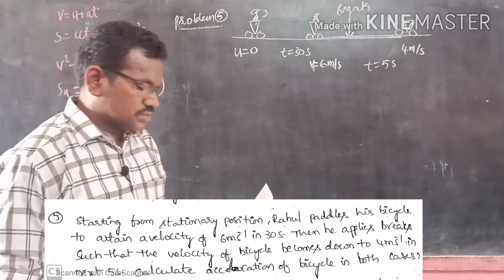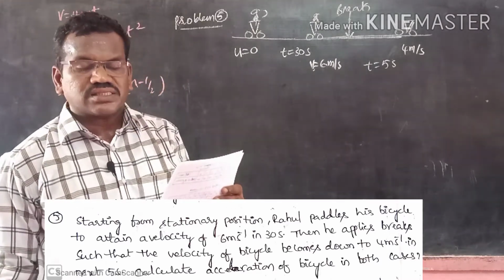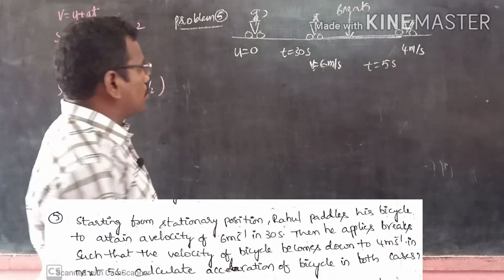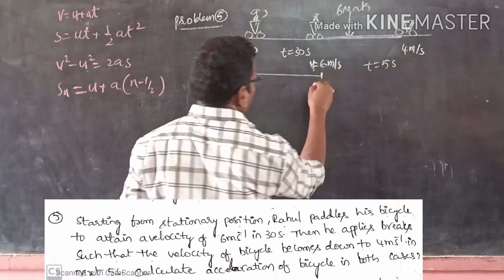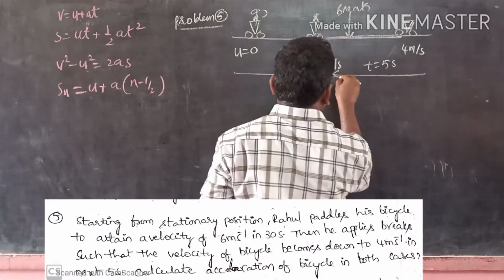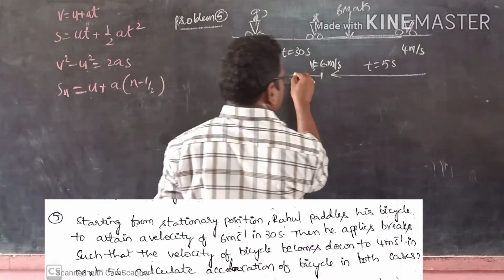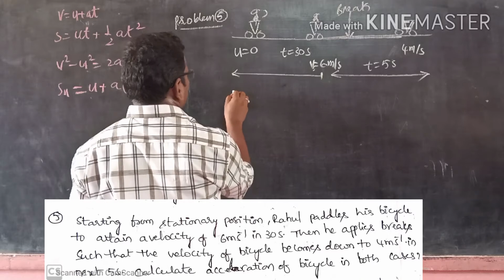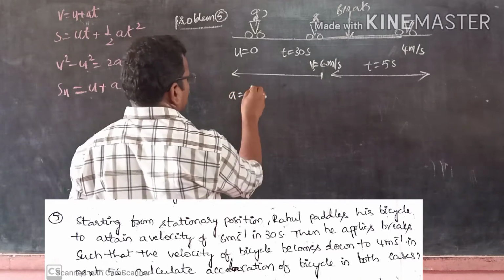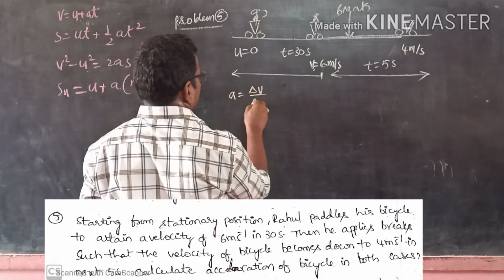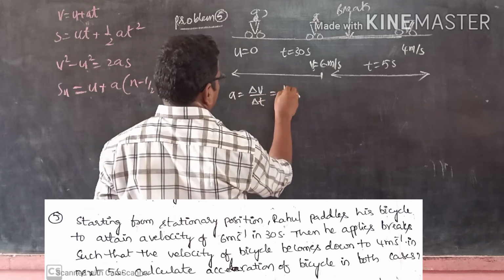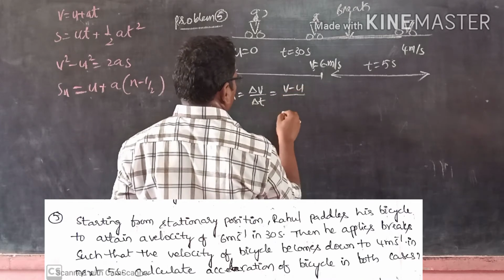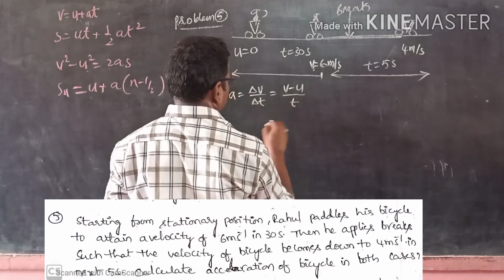Now what should we do? We should calculate the acceleration of the vehicle in both cases. This is case 1 and case 2. In case 1, what is the acceleration? In case 2, what is the acceleration? We know that acceleration is the rate of change of velocity, that is final velocity minus initial velocity by time.